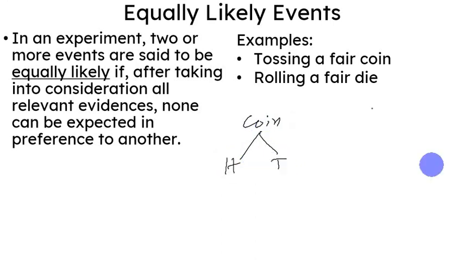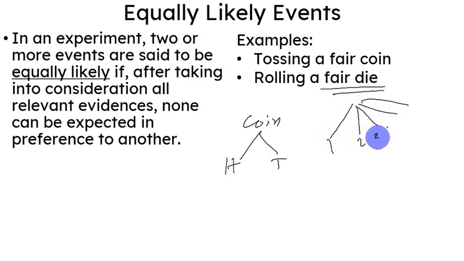When we know the die is fair, it can simply be 1, 2, 3, 4, 5, and 6. If all outcomes are just as equally likely to happen, with no preference that one will happen more than the other, then those events are said to be equally likely. And most of the time in probability, we have the assumption that events are equally likely to happen.